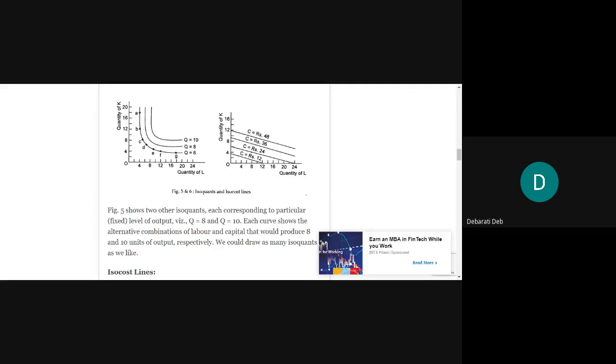Okay, so are you understanding that if you draw a single isoquant, what does it indicate? This isoquant has been drawn by joining different combinations of the factor of production capital and the factor of production labor. Understood? So if your fixed level of output is 6 units, then you can choose any option falling on isoquant number 1, where Q has been written as 6.